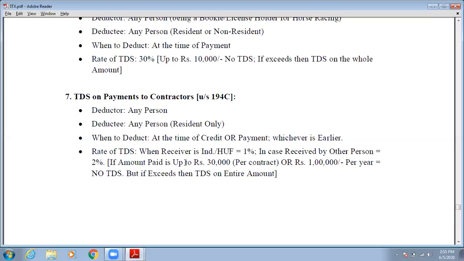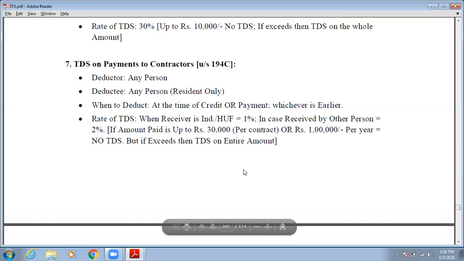If the amount paid is up to 30,000 per contract or 1 lakh per year, then no TDS. If you are paying up to 30,000 per contract, or on a yearly basis up to 1 lakh per year, up to that amount no TDS will be deducted. But if the amount exceeds 30,000 or 1 lakh, whichever the case may be, then on the entire amount TDS will be deducted.